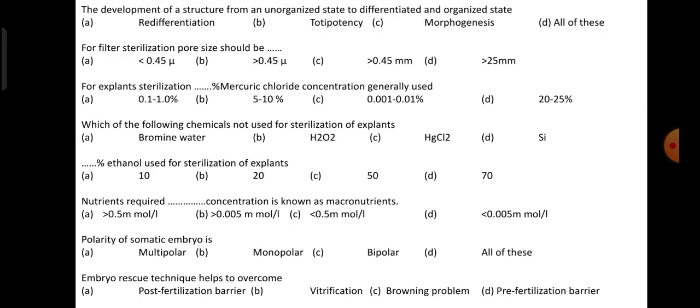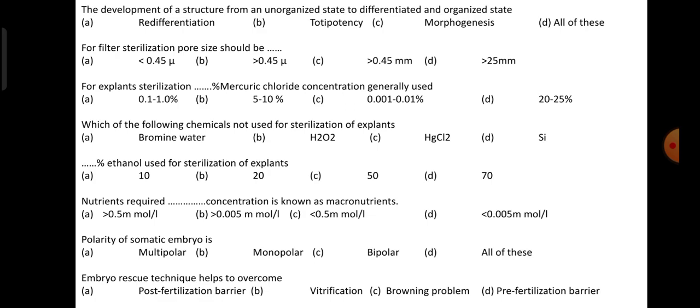Next question, the development of a structure from an unorganized state to a differentiated and organized state is. The options given here are redifferentiation, totipotency, morphogenesis, all of these. I'll read out the statement once again. Development of a structure from unorganized state to differentiated and organized state.